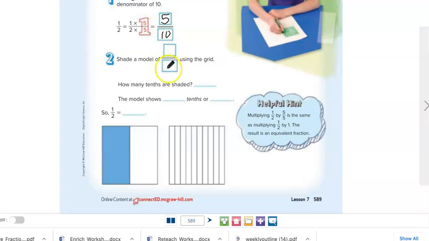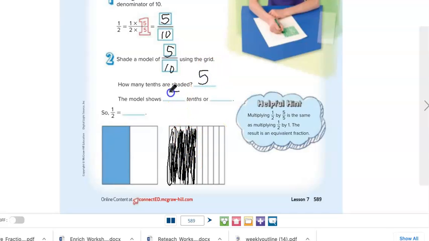So we're going to shade in a model of 5/10 using a grid. So here's my grid. If I have 10 segments here, that means I need to shade in 5 of them. Sorry, my artistic ability isn't the greatest. So that's 2, 3, 4, and 5. So I shaded in 5/10.